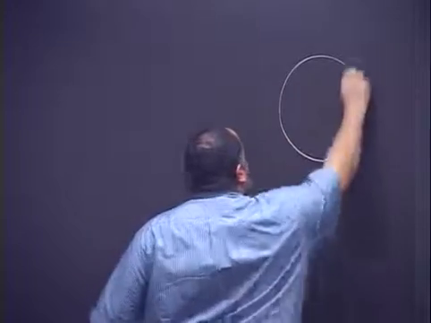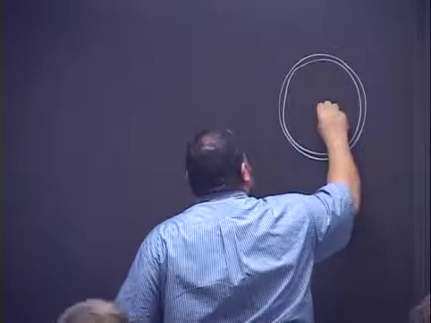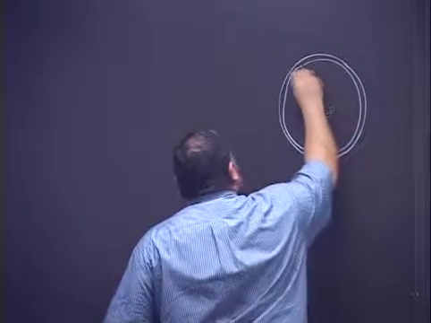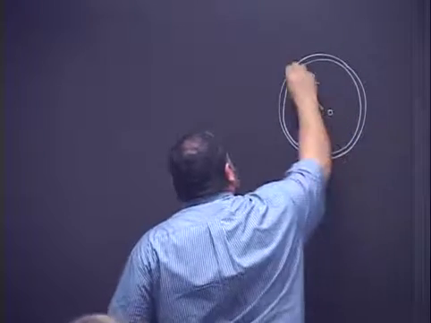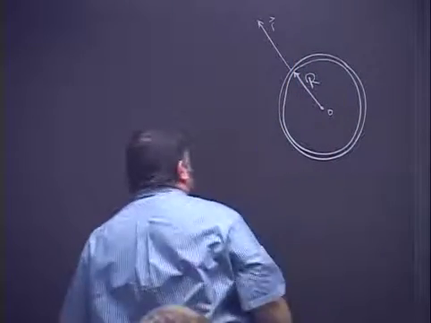So if you have a spherical shell like this, and this is the origin here at 0, and the spherical shell with radius R, and of course r can go to infinity.